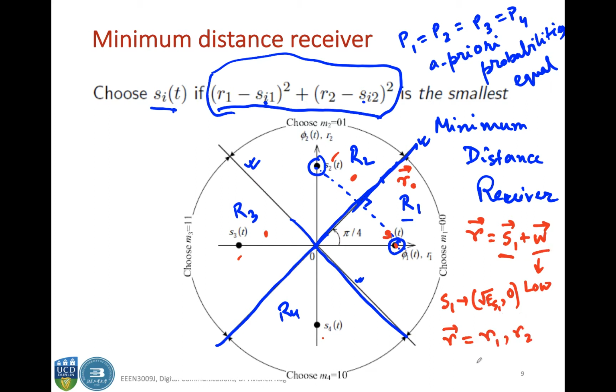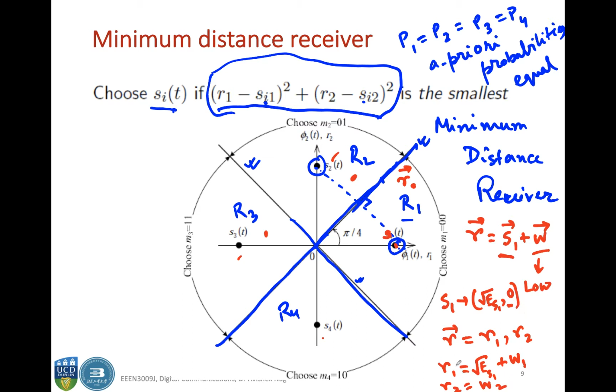After addition of noise, your R1 will be the phi 1 component of the signal plus the phi 1 component of the noise, and your R2 will be the phi 2 component of the noise, because the phi 2 component of the signal is 0.